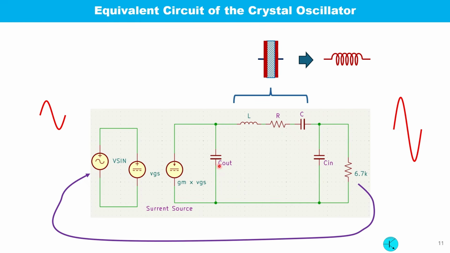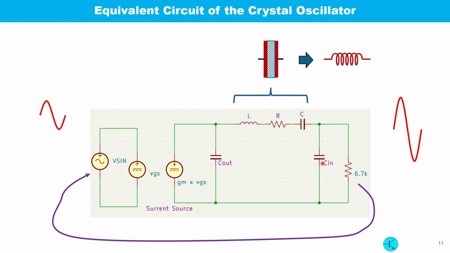As I mentioned, a Pierce oscillator needs 2 capacitors and the crystal to get the oscillation started. The MOSFET itself has two capacitances.